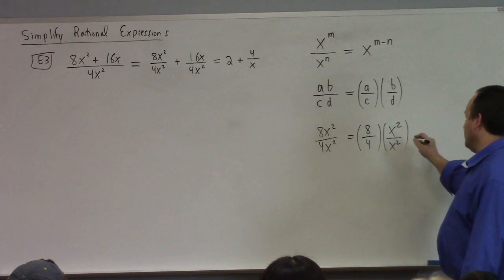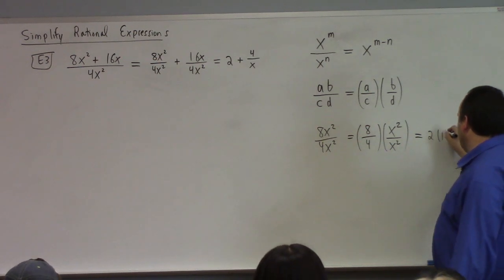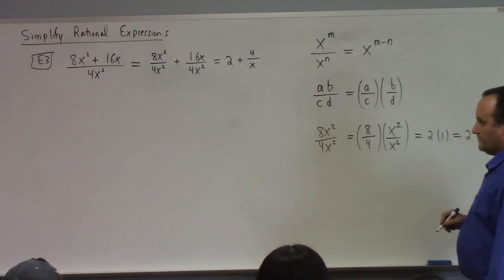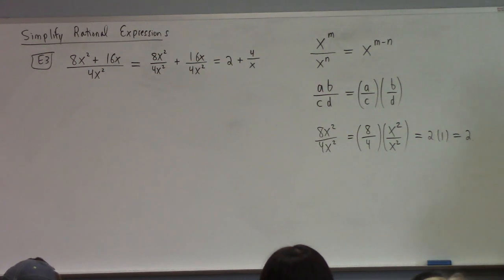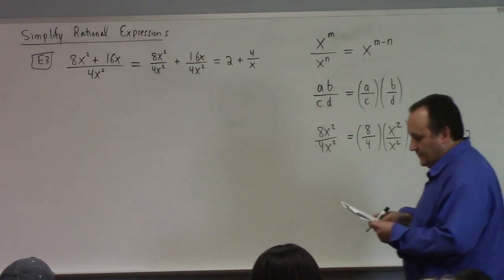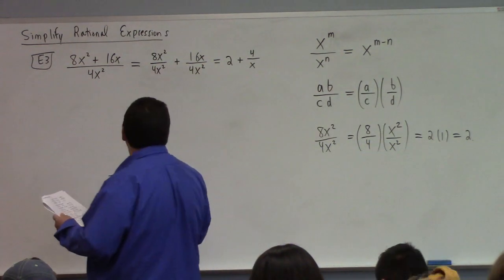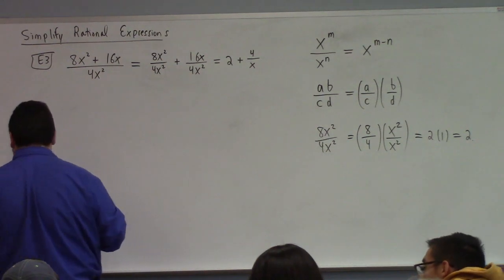And that's why I got 2 times 1, which is 2. All right? So there's that one. Yep, x squared divided by x squared is 1. That is correct.